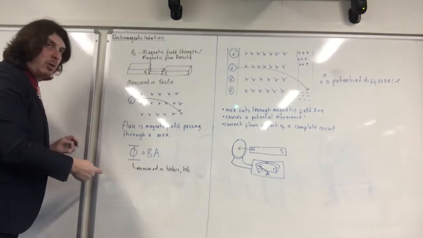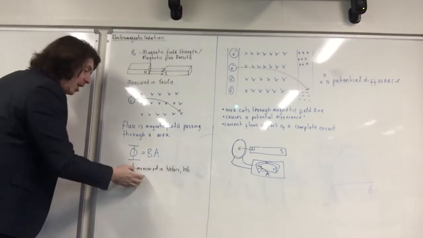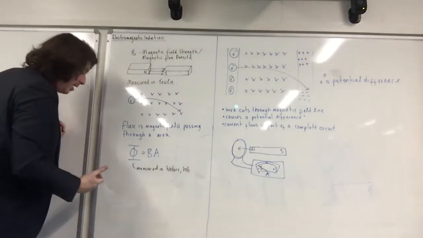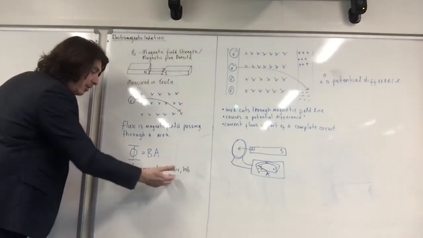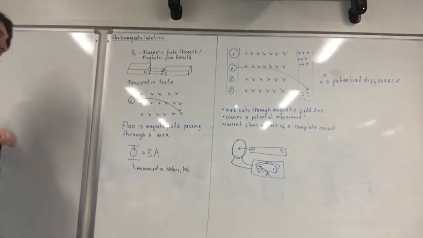You will have seen that before when you investigated the work function as part of quantum phenomena. It's measured in Webers, Wb. Most British people pronounce it Weber's, but it's after the German scientist Weber, so it's Wb.